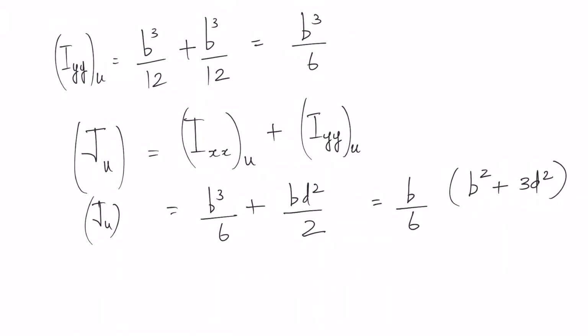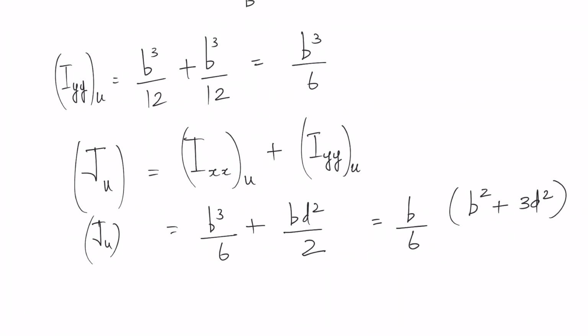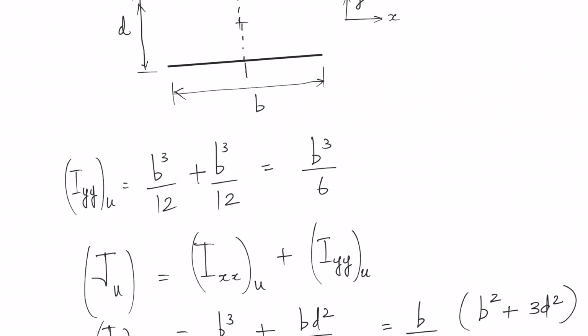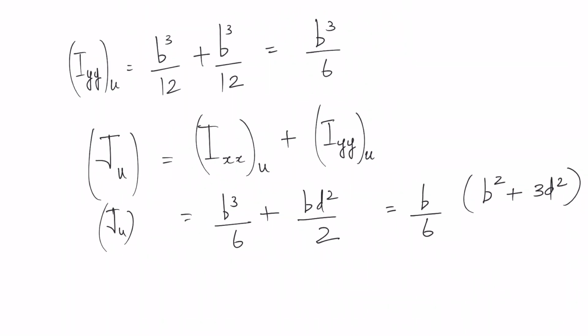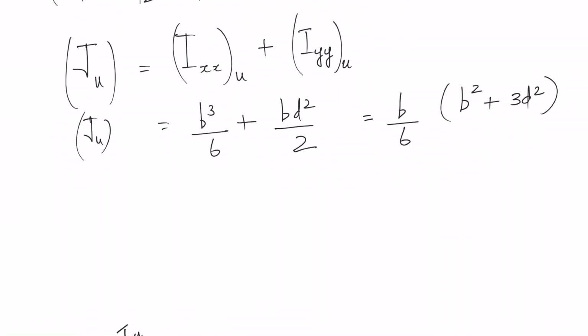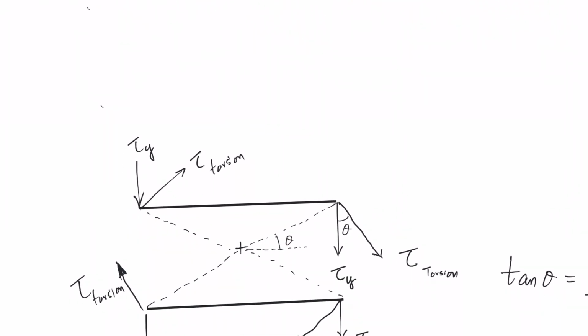Once you add both, here is your unit second polar moment of area about the axis which is into the plane, like the z-axis. And a torsion is acting in that plane, the xy plane. So we need to evaluate J about the z-axis. It makes sense.